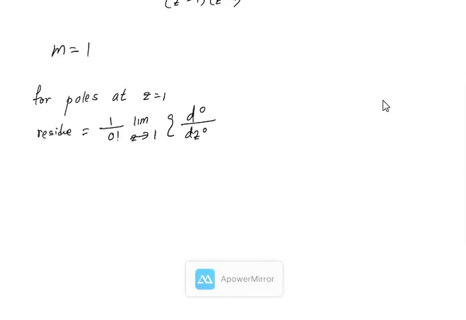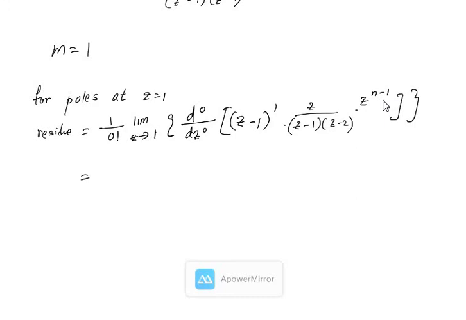So I write down here z minus 1, and then the X(z) value, multiplied with z power n minus 1. Now the limit.